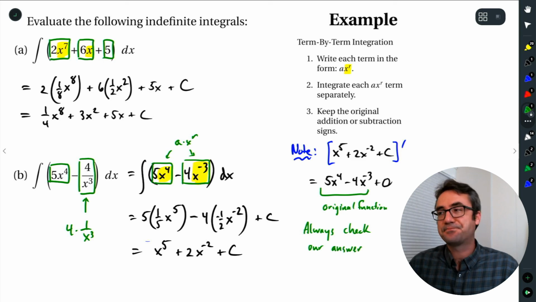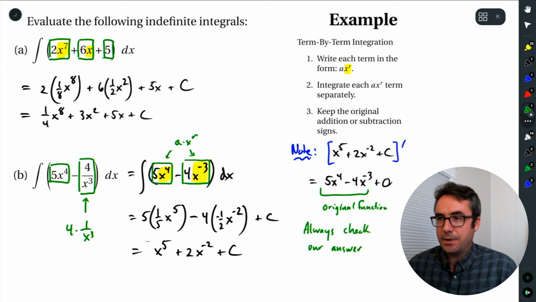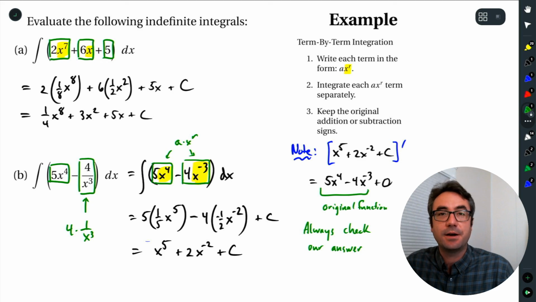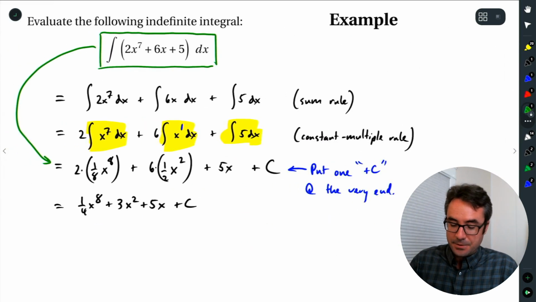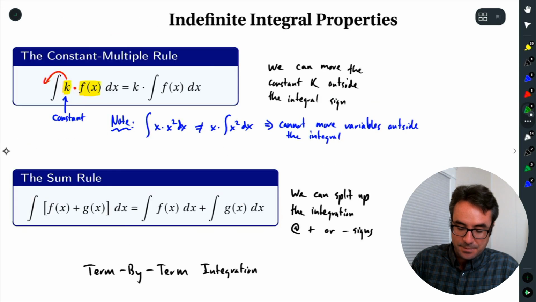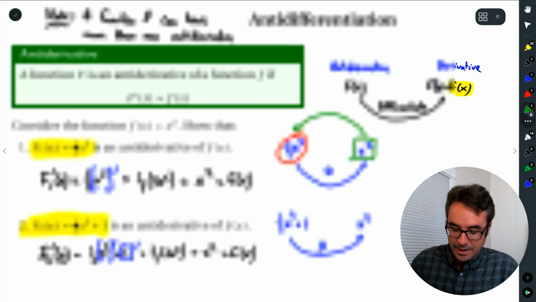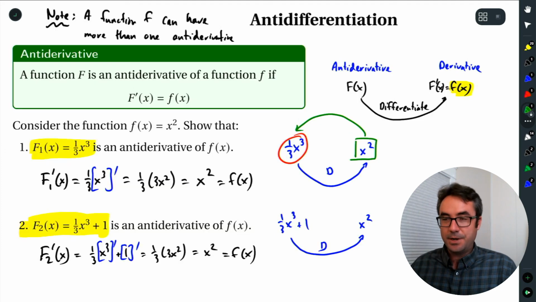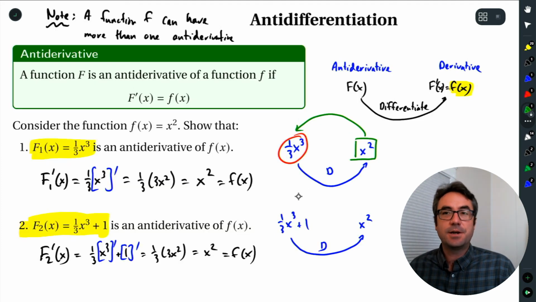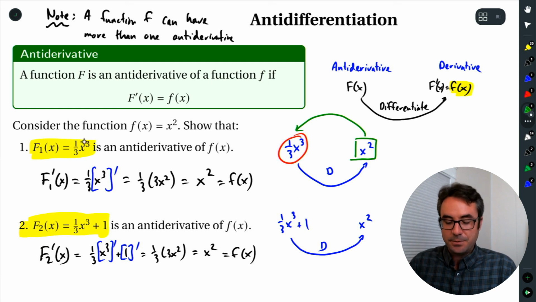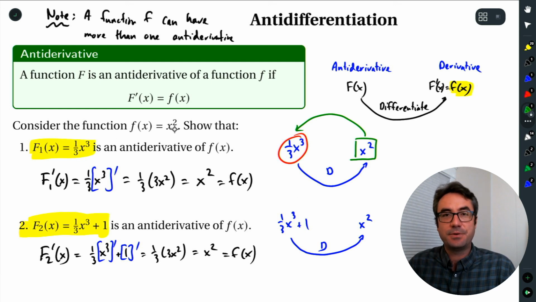Which is nice. You don't have to do this, but if you're uncertain of your answer, this is not a bad thing to do. And really what we're doing here is what we mentioned when we first introduced this idea of antiderivatives. When we first started talking about antiderivatives, we said 1/3 x cubed was the antiderivative of x squared.